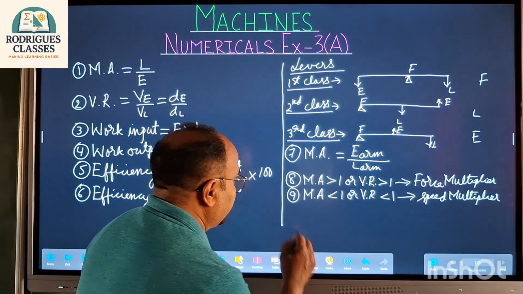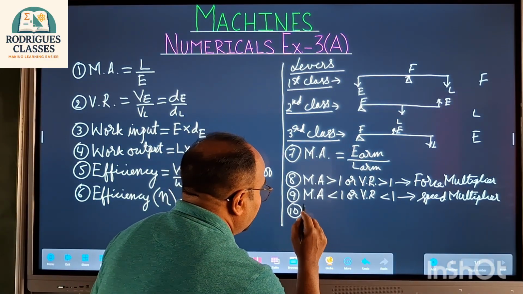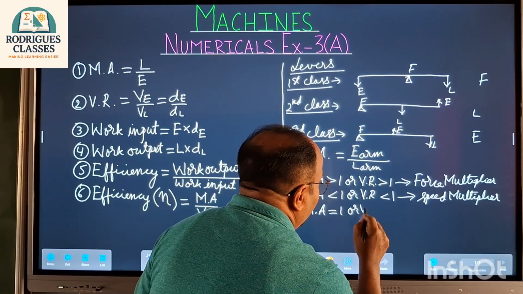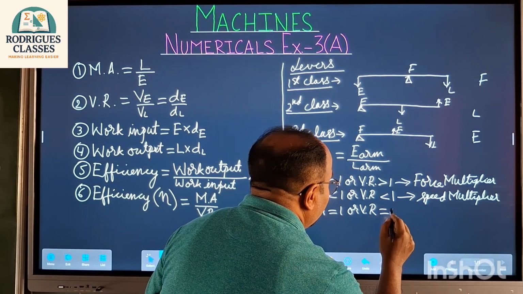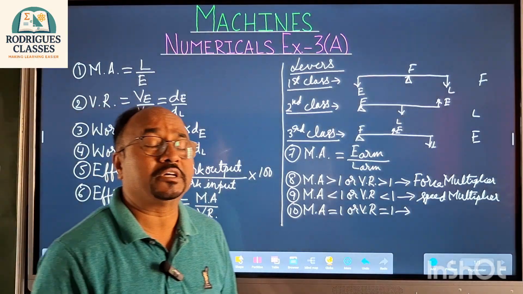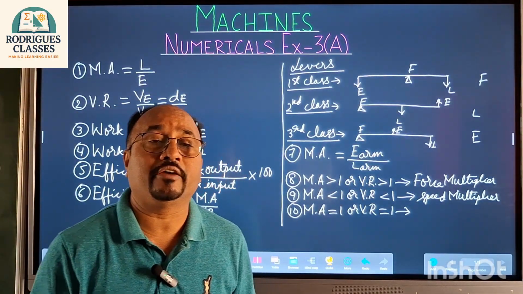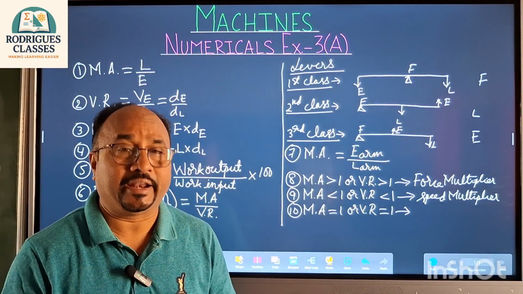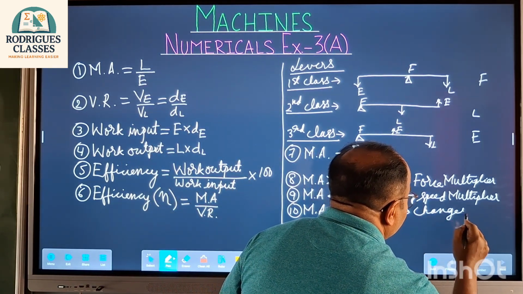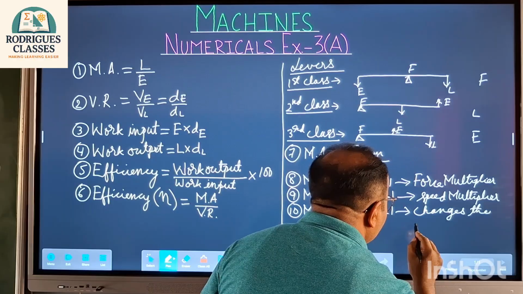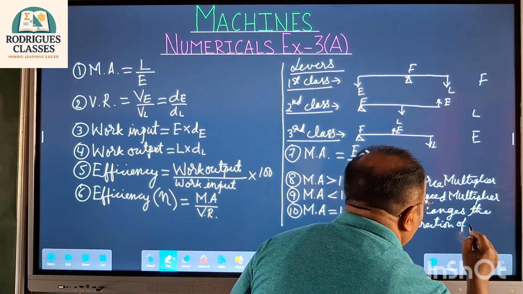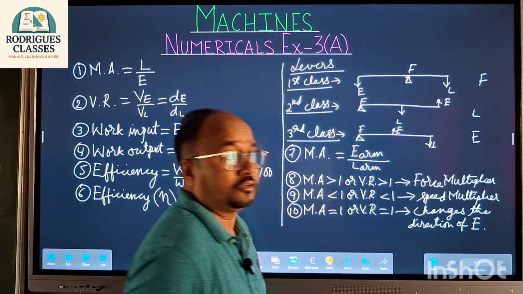So what happens then? Mechanical advantage equal to 1 or velocity ratio equal to 1. Then such a machine will only help us in changing the direction of the effort to a convenient direction. So we write here: changes the direction of effort.